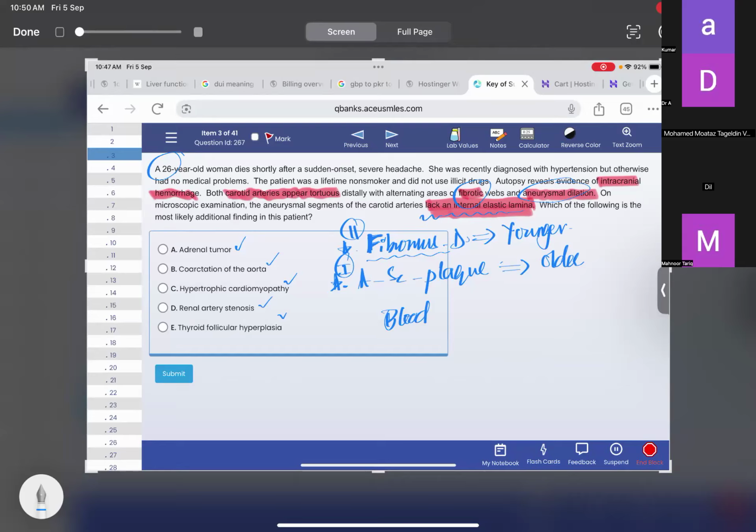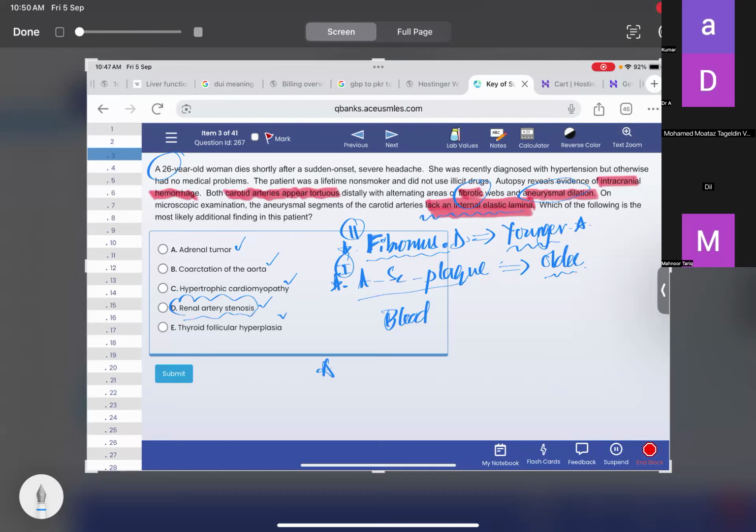But the high yield points over here are that fibromuscular dysplasia causes renal artery stenosis in younger patients, and plaques are the cause of renal artery stenosis in older adults and older patients. Okay, so we have renal artery stenosis.